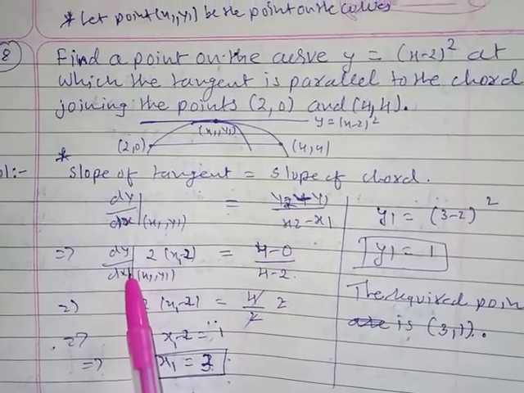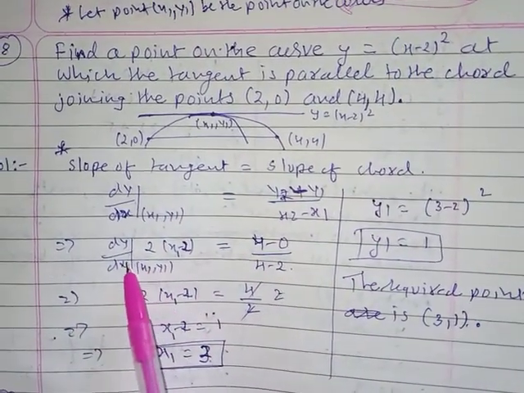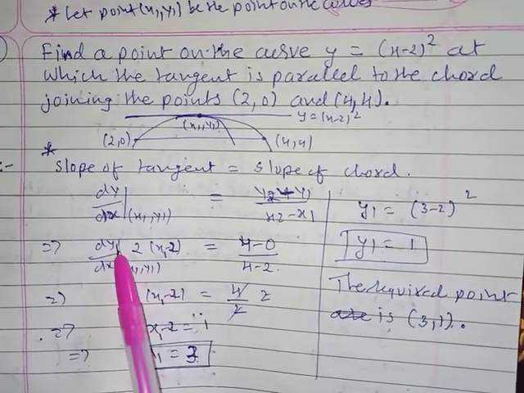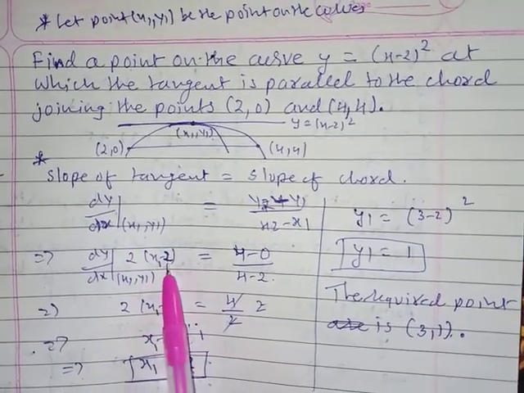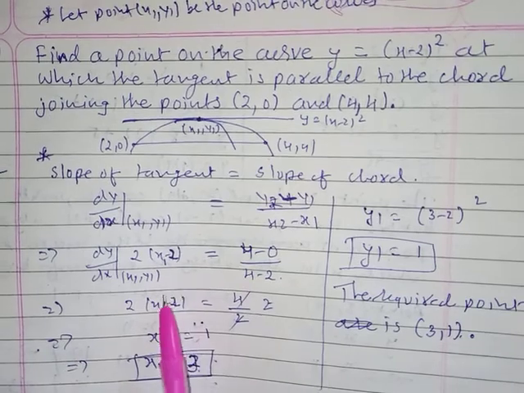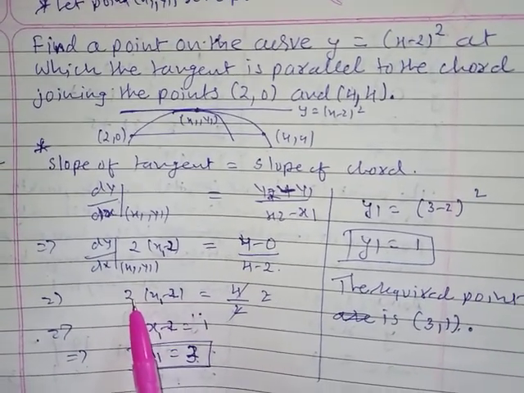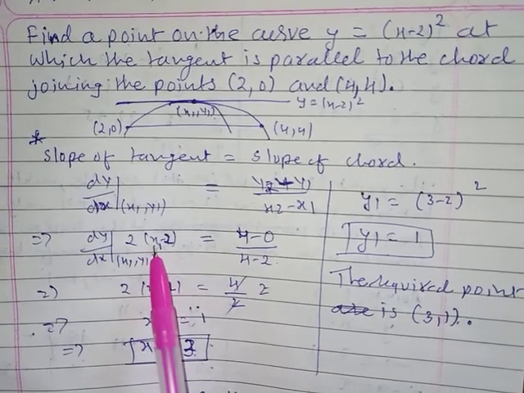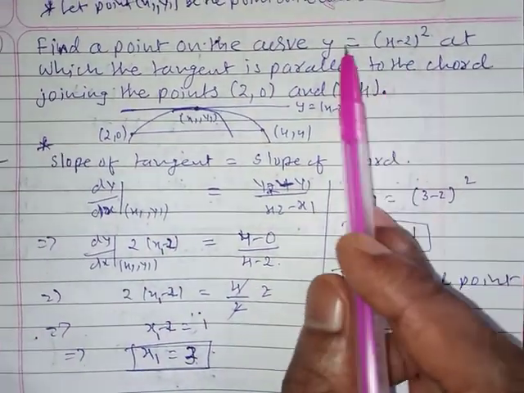So dy by dx, if you take the derivative of this equation, what do we get? dy by dx at x1, y1. Okay, if you take the derivative of it, what we are getting is 2. It is at x1, y1, so we have to substitute here x1, here y1.